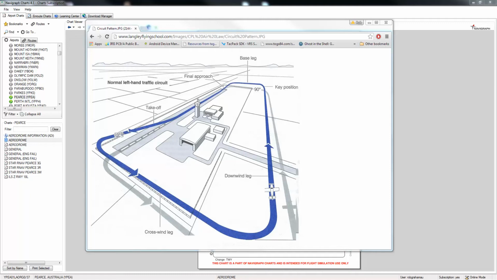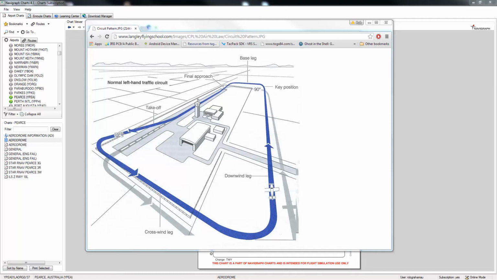The big one here is we're going to have to do a little bit of ground school work before we jump over into the simulation again. First off, what is a circuit? Well, a circuit's rather obvious, just like a racecourse circuit. It's basically a circular pattern, in the sense that you return to the original starting point.